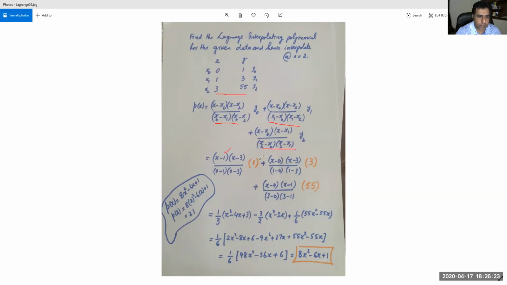So L0 and Y0 is 1, Y1 is 3, Y0 is here, and of course Y2 will be multiplied by the third component, and these are the factors given by Lagrange. So when you simplify after multiplication, you get this as second degree polynomial. And look at the question statement, we need to interpolate at x equals to 2. So after getting this Lagrange interpolating polynomial, you could replace x by 2 and the result will be 21.